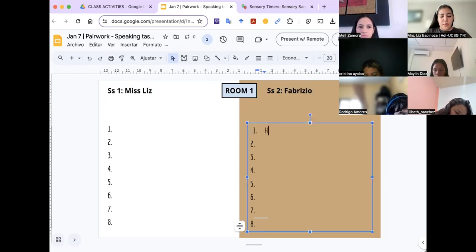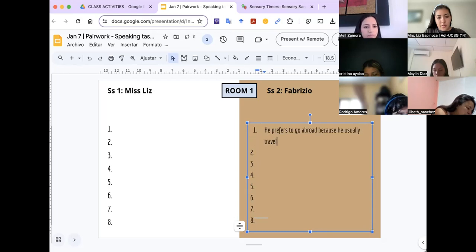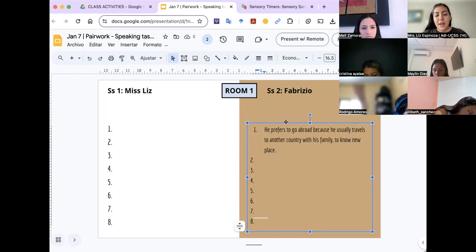So I'm going to put, he prefers to go abroad because he usually travels to another country with his family to know new places. I don't know. But I am writing the information he gave me, okay?